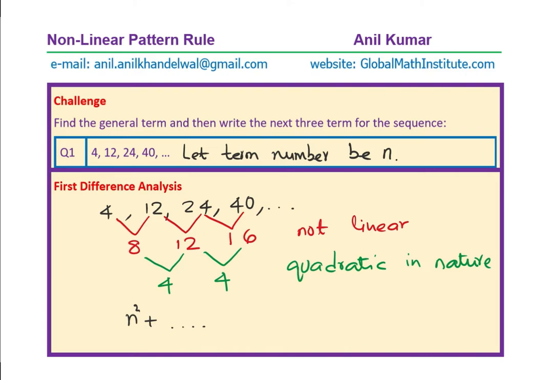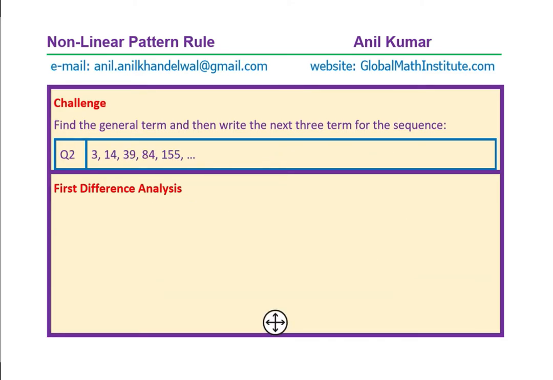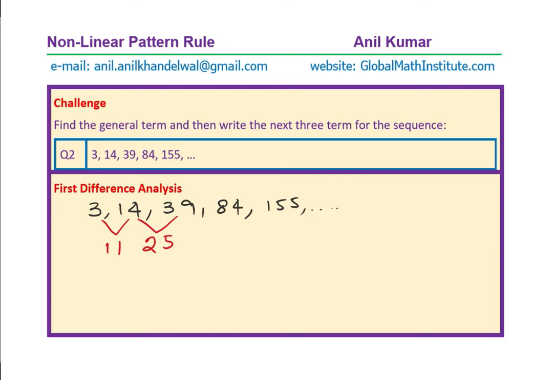Now let's look into question number 2 and find the first difference. I think you're absolutely clear about how we find the first difference, so you can do it along with me. This time the numbers are 3, 14, 39, 84, 155, and so on. The difference between 14 and 3 is 11. 39 take away 14 is 25.